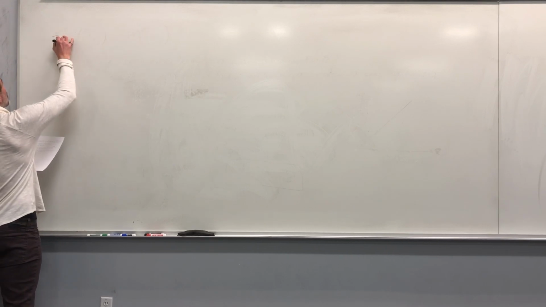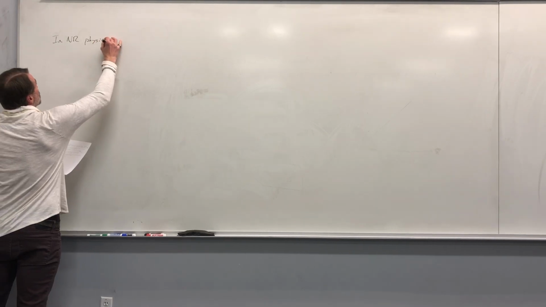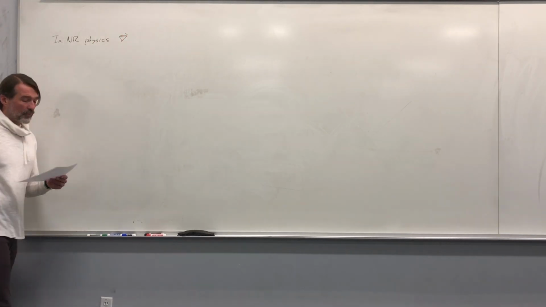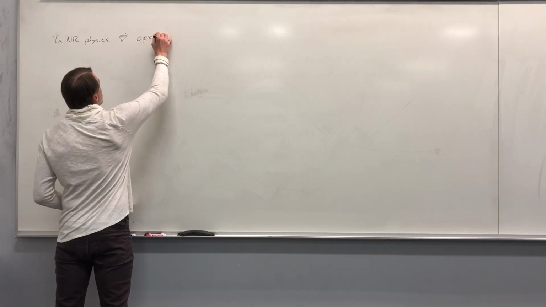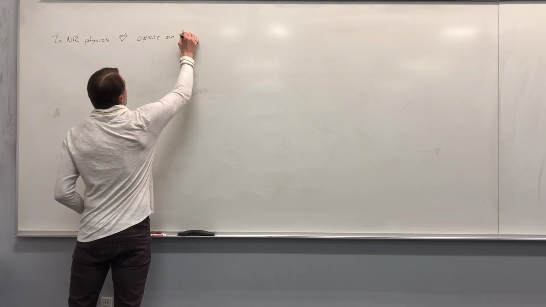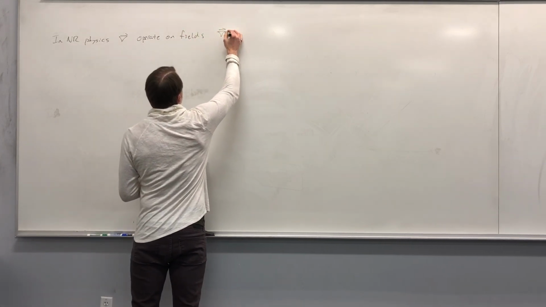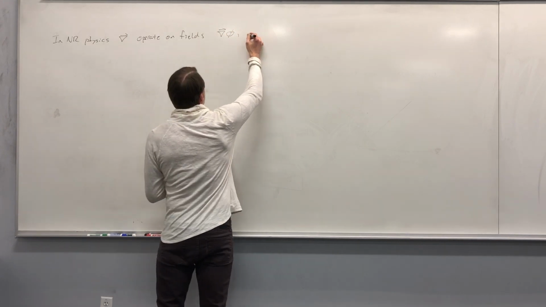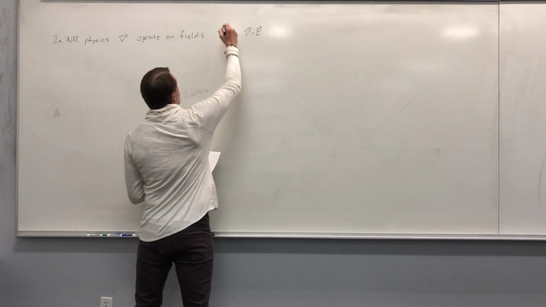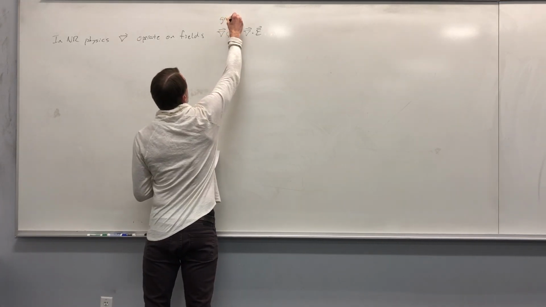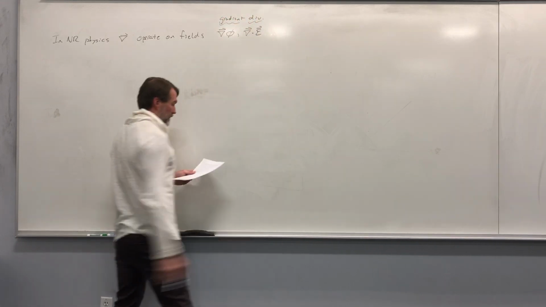So remember, in non-relativistic physics, del played a pretty important role. It can operate on fields. So for example, we might talk about del of a scalar field, or we might talk about del dot the electric field. This is, of course, the gradient. And this is the divergence. Okay?